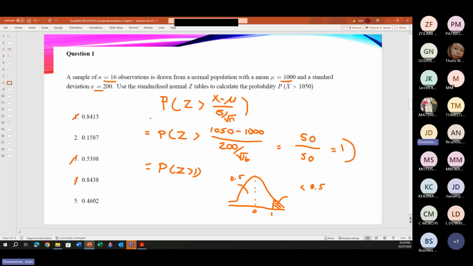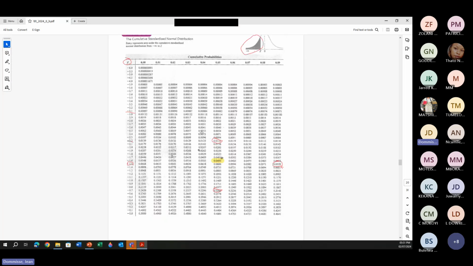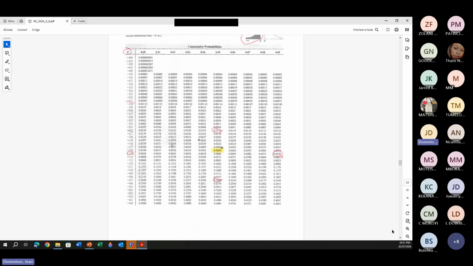Okay, so let's look at how we're going to get it. The first thing I would have done is to say, well, I know from chapter 6 this is symmetrical. So if I get this piece of -1, that area will be the same. So we can go to the negative table.